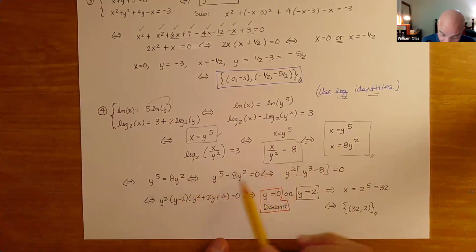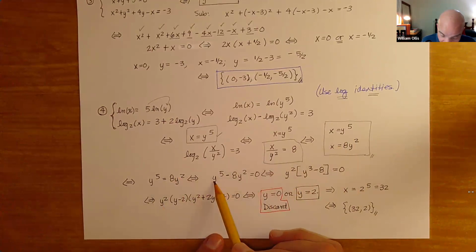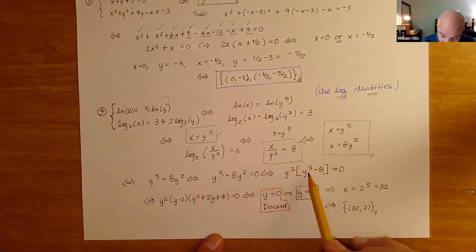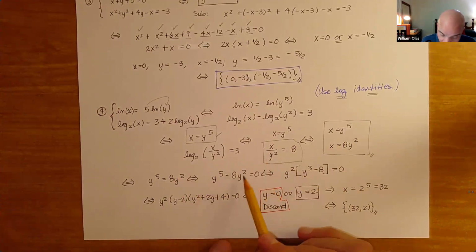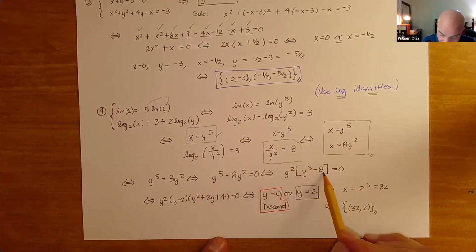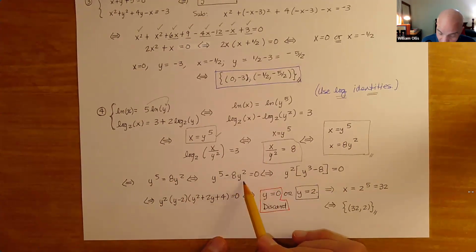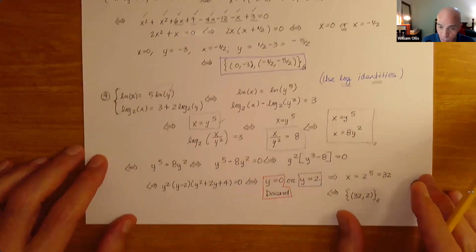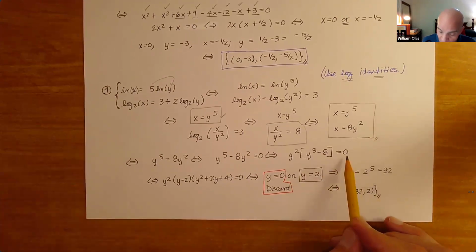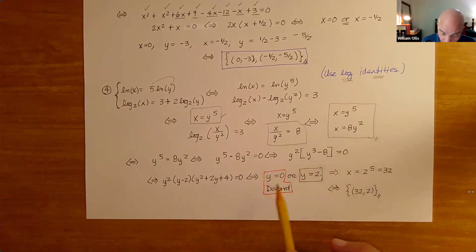And so now we can factor, in this case, the y squareds. So we have a y squared times a y cubed to give us the y fifth. And then we have a y squared times the -8 to give us the -8y squared, set that equal to 0. So now, of course, we have zero product. So we have y squared equals 0, which is easy.